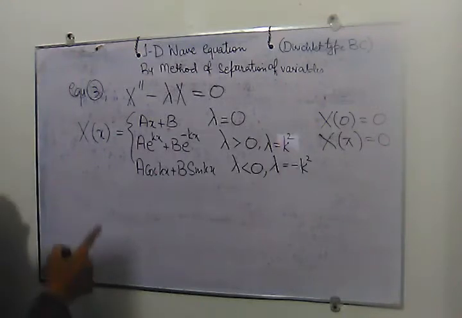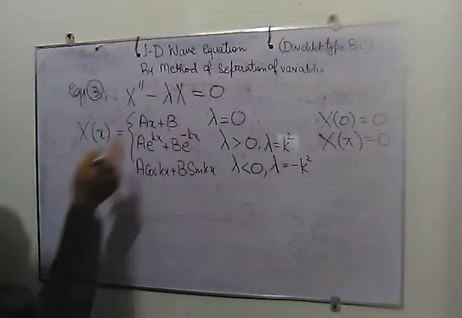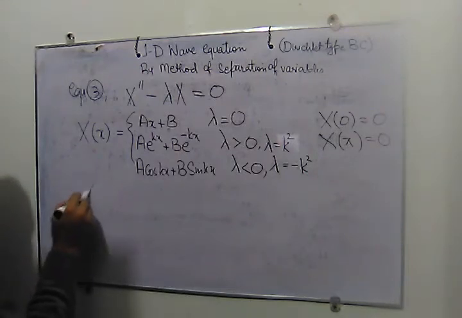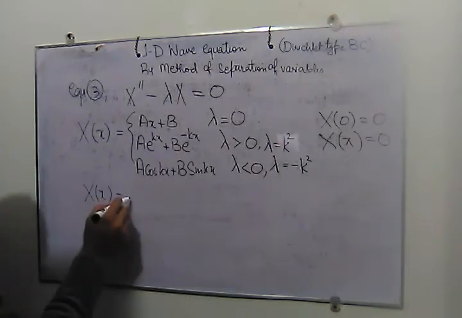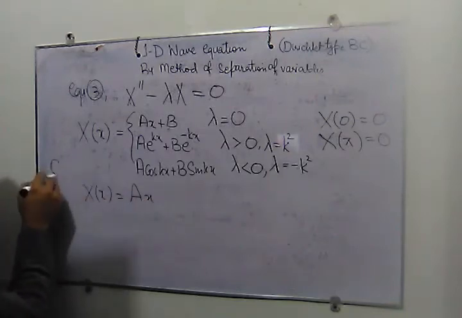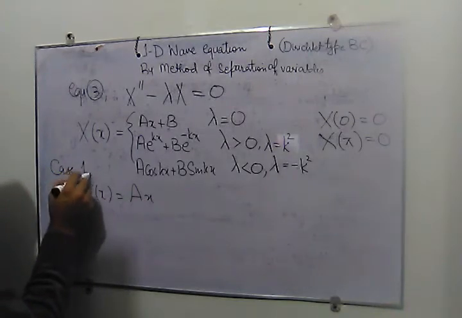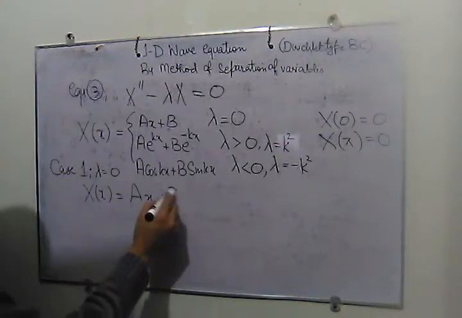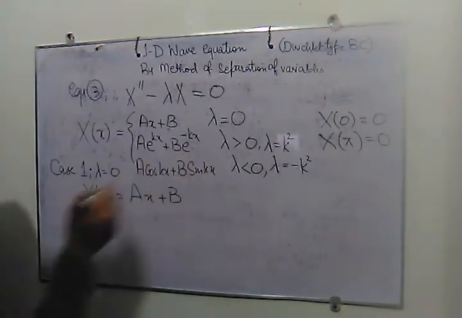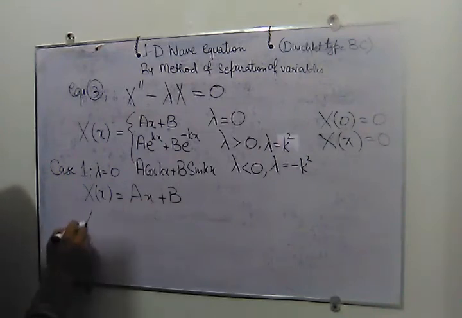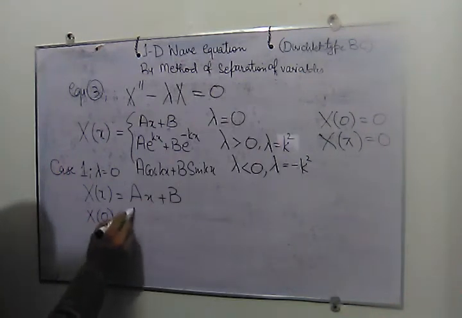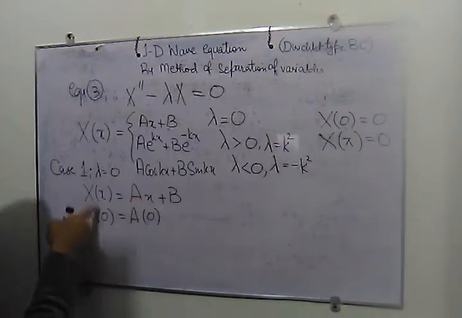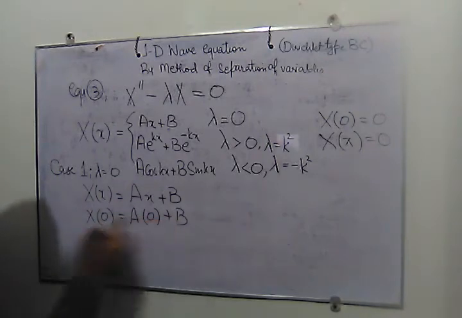Now we check equation number 3 for the first case of lambda, where X(x) is equal to ax plus b. So we write it as case number 1, lambda is equal to 0. We apply the first boundary condition to get the value of the coefficients. So X(0) is equal to a times 0 plus b, and this X(0) is equal to 0.